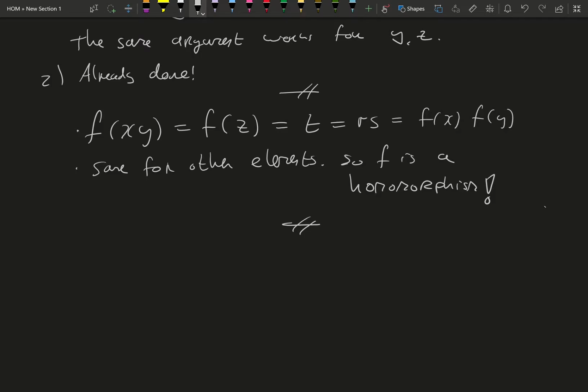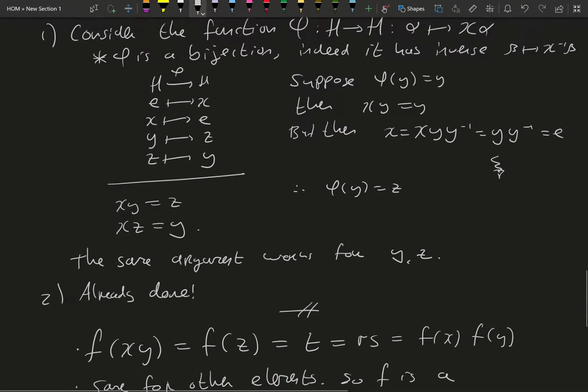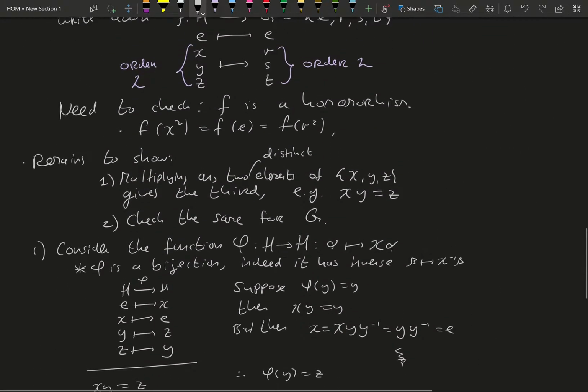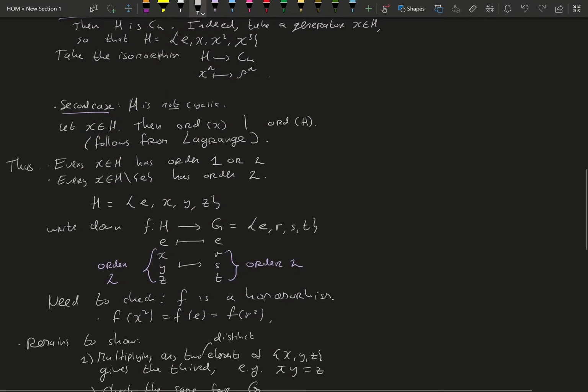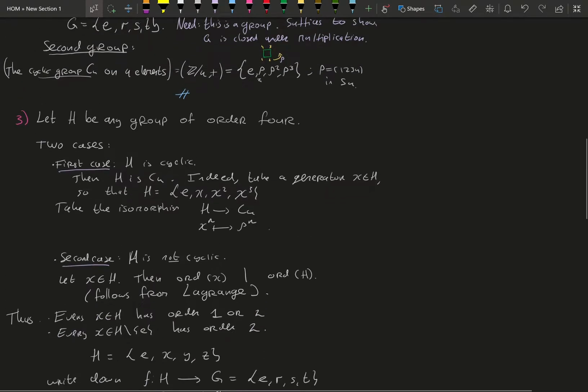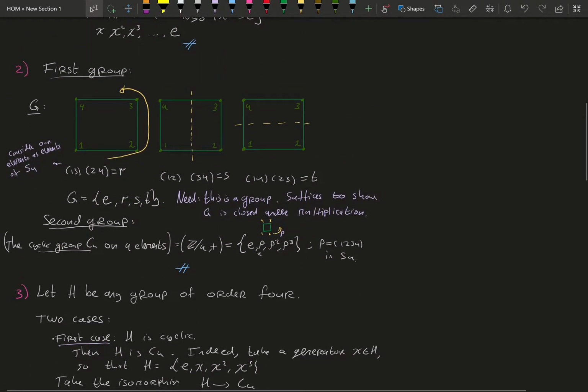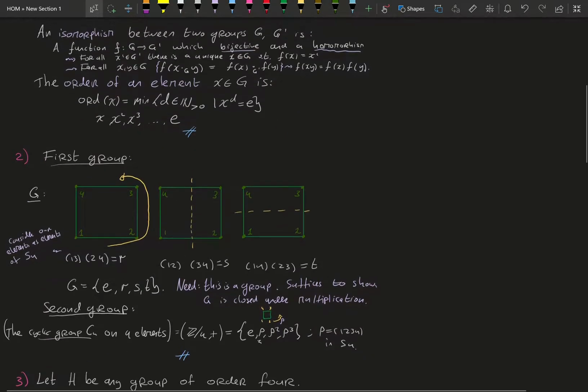Okay, so this is what I wanted to say. I think we've shown now that any group of order 4 is isomorphic to either the cyclic group or to this group of these chosen symmetries of the square. So there are two groups of order 4 up to isomorphism.